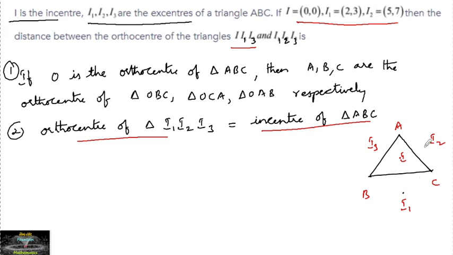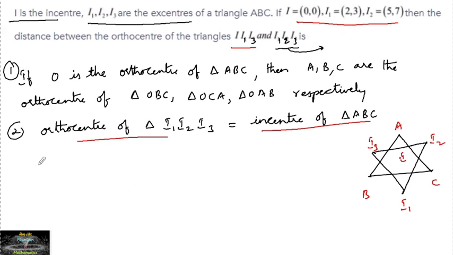Now there is a triangle formed with I1, I2, I3 also. The orthocenter of triangle I1, I2, I3 is the incenter of triangle ABC. So the orthocenter of triangle I1, I2, I3 is nothing but the incenter of the triangle, that is (0, 0).